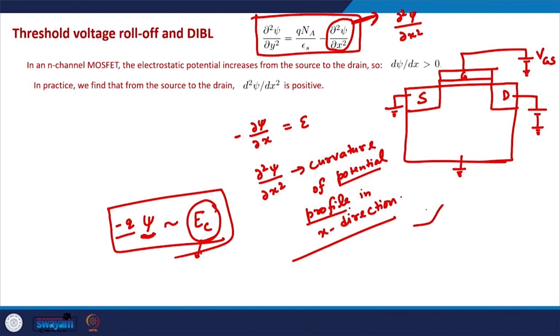So this is how the barrier actually looks like in the semiconductor when we apply a certain drain voltage. This is the top of the barrier, this is where we think that the source is located. So this is also known as the virtual source point of the device, because this is the point where the gradient of the band is 0, which means that the electric field is 0.